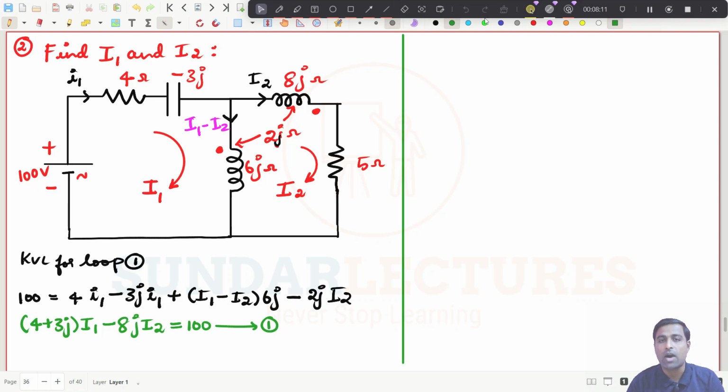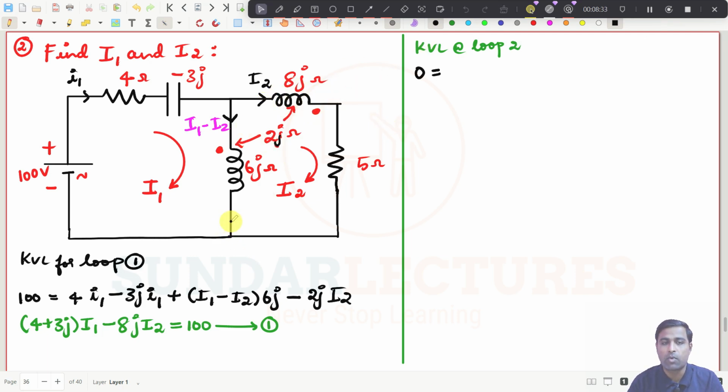Anyhow, now I will go for KVL at loop 2. Here, are there any voltage sources available? No, right? So you don't need to write any voltage source because it is 0. That is equal to, I will write first for this particular coil.